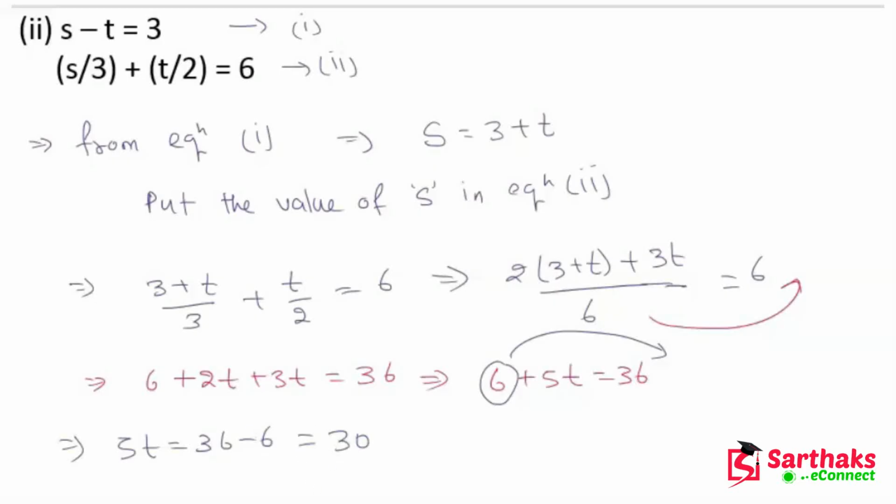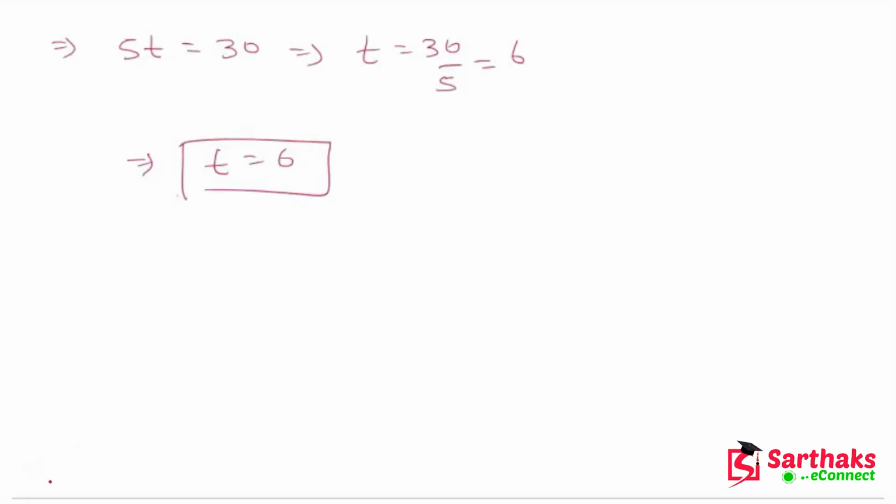Now we have 5t is equal to 30. So after solving this, we get 30 divided by 5, which is equal to 6. So the value of t is 6.